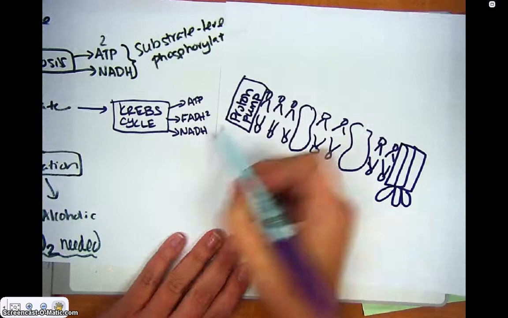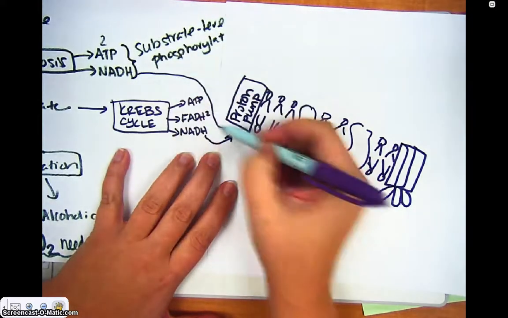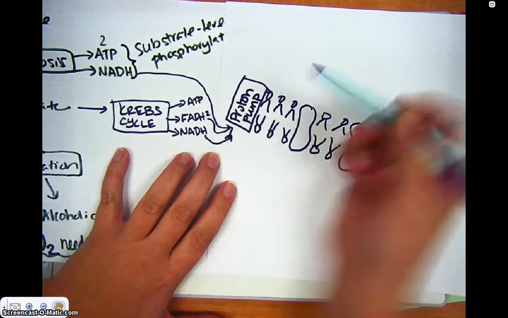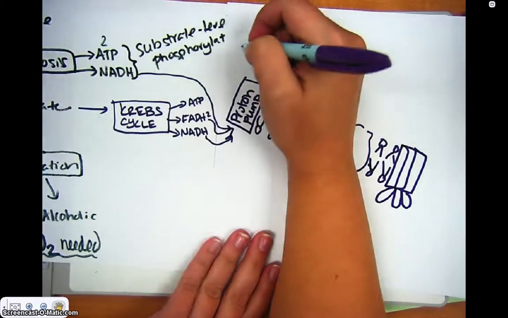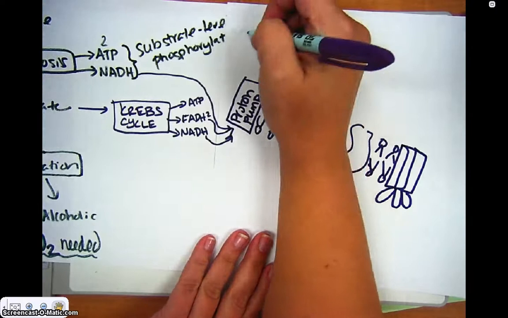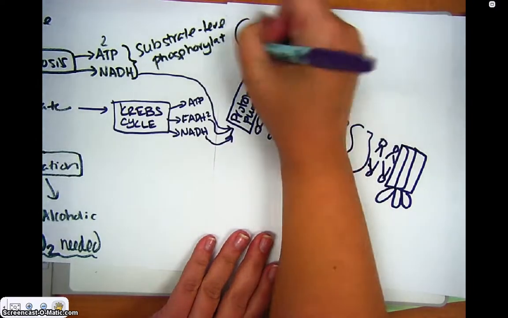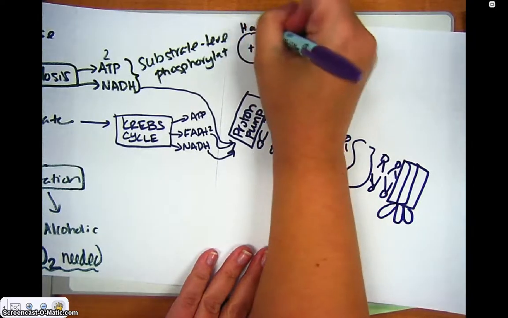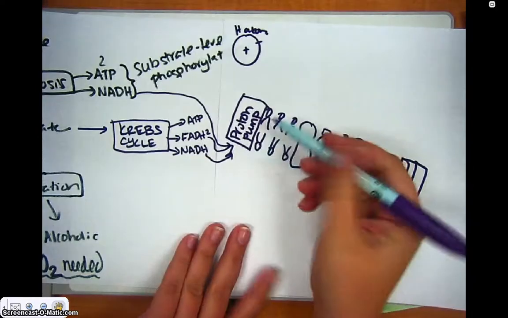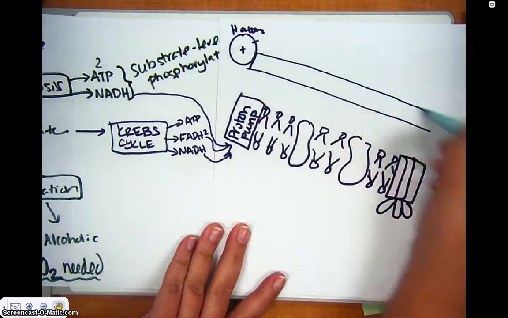So, along come the FADH here, and the NADHs come over here, and what ends up happening is the proton pump takes a hydrogen, with hydrogen as number 1 on the periodic table, which means it has 1 proton in its nucleus, and it has 1 electron on the outside. So this is a hydrogen atom. So what it does is it rips that hydrogen apart, and it pumps the proton out here.